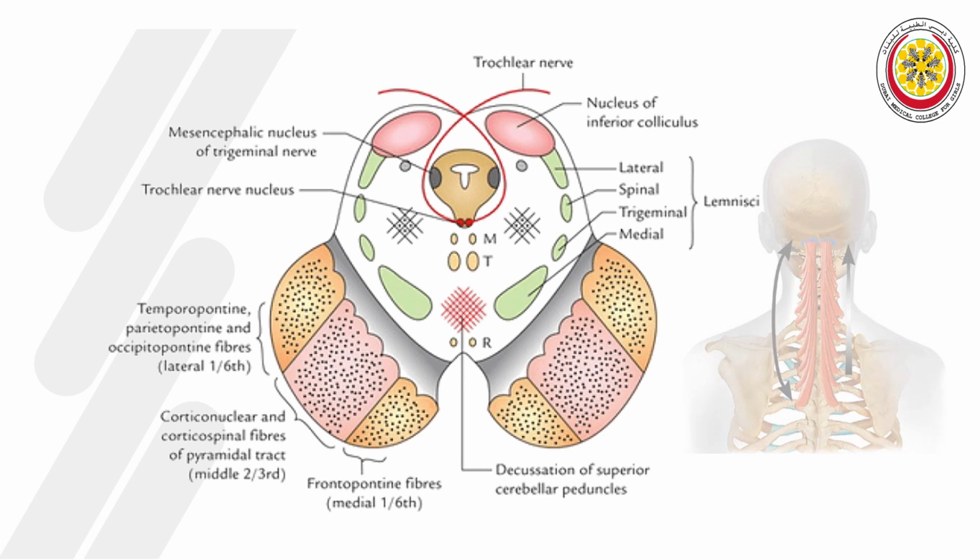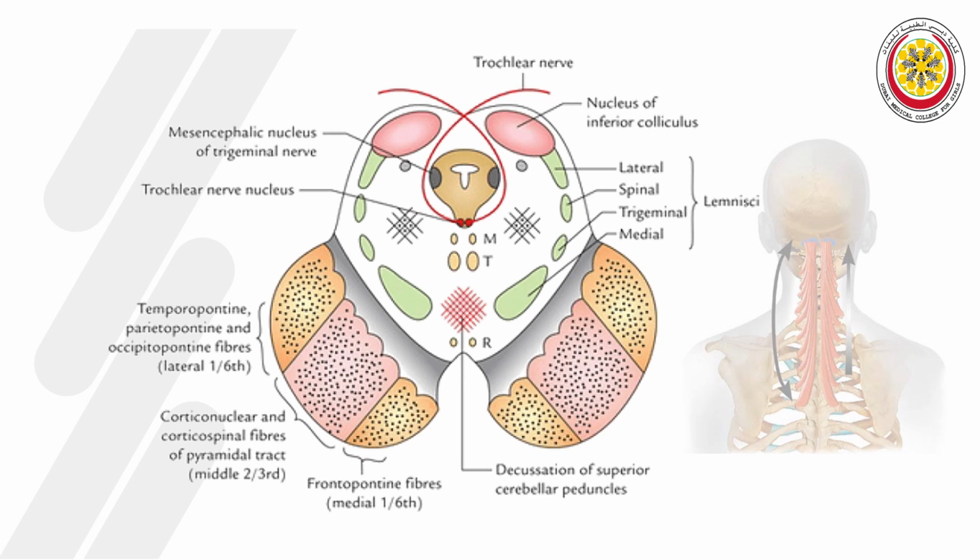As you can see, from the frontal lobe, we have frontopontine fibers. And then in the middle, corticonuclear and corticospinal fibers of the pyramidal tract.